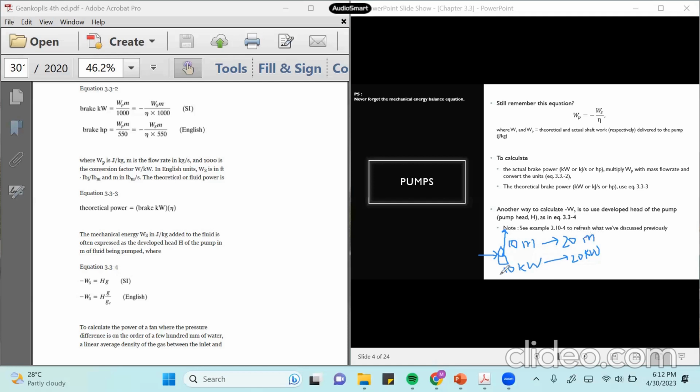And it goes as well if we decrease the power. So that's how we use the developed head of the pump, because some suppliers will use this, some suppliers will use that.